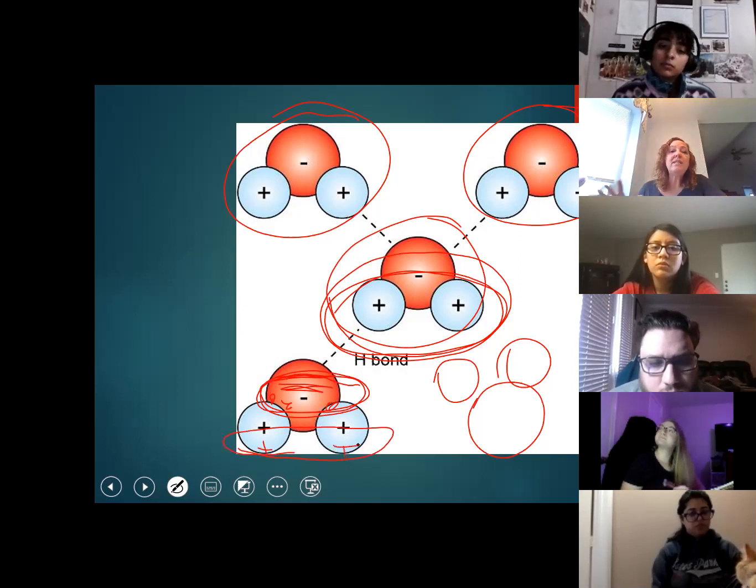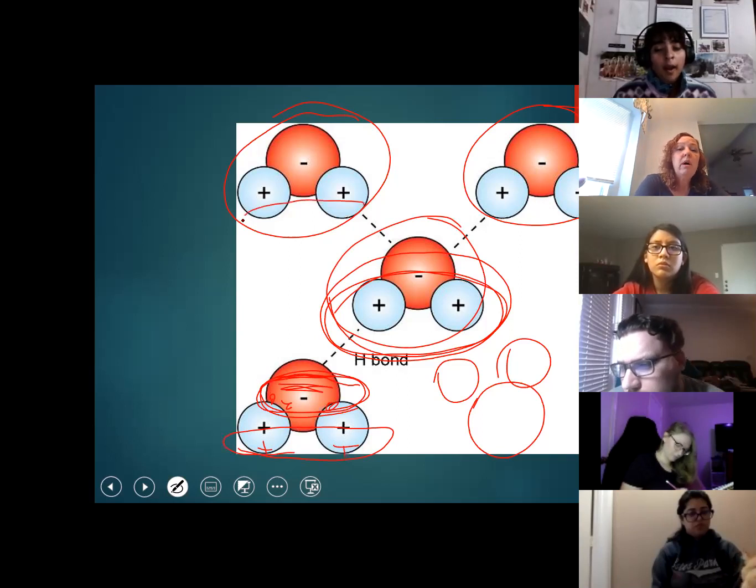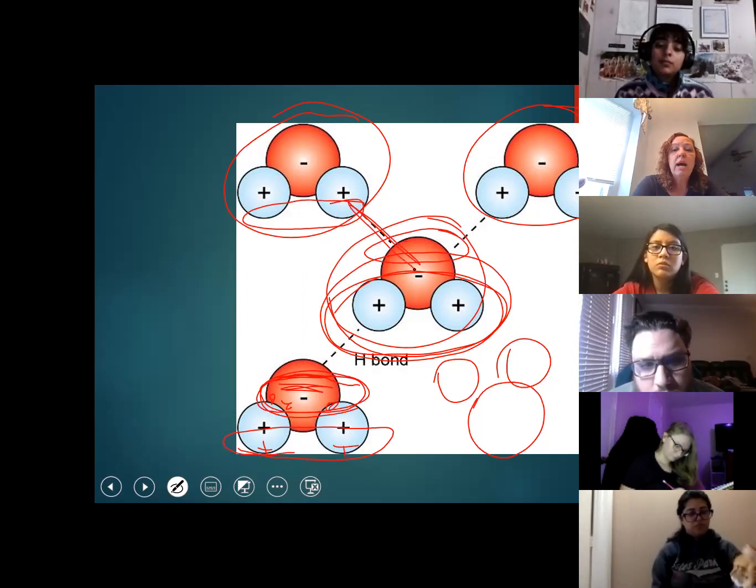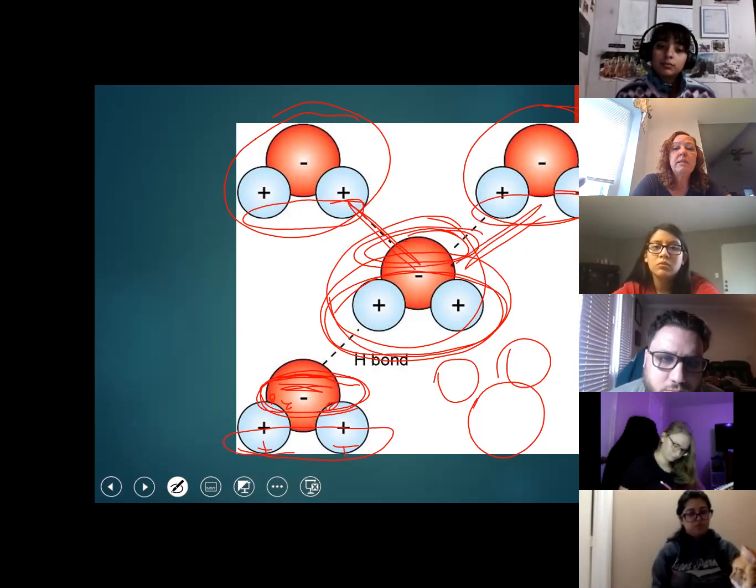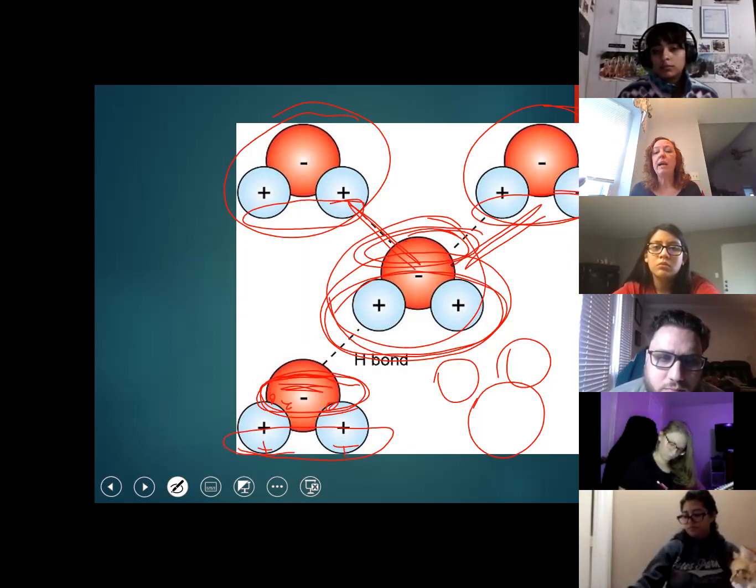And that's where we start seeing opposites attract. We've got a positive charge here, negative charge, opposites attract. So although it does seem kind of chaotic, where are these molecules going to bond? There really is a purpose behind it.